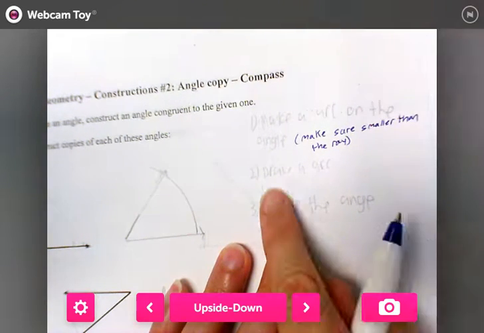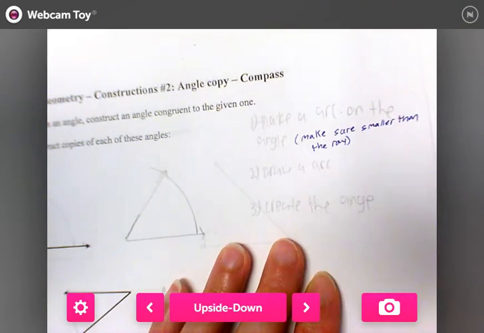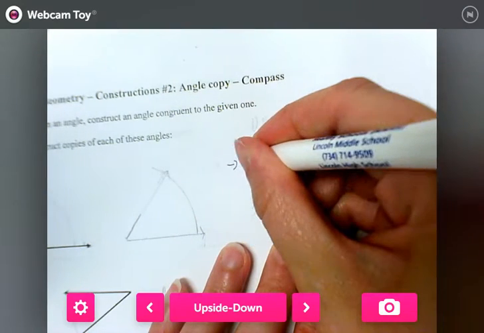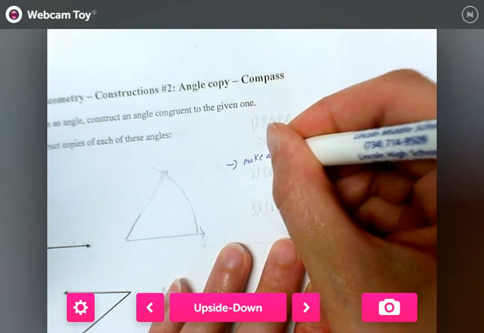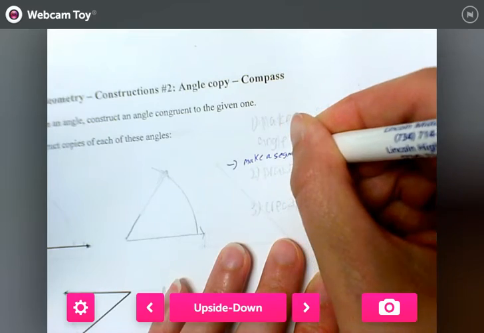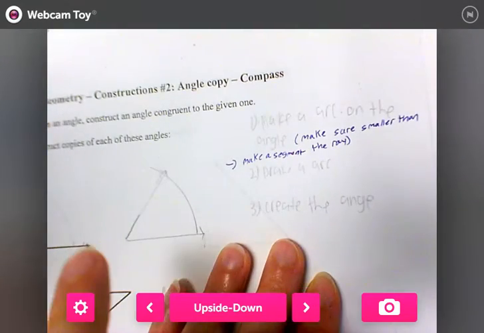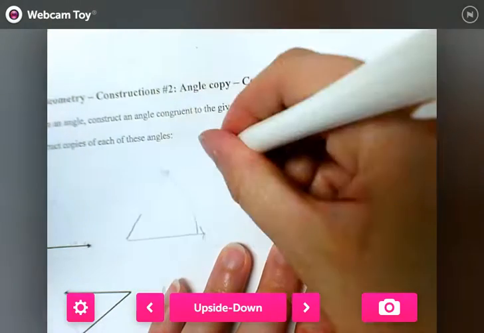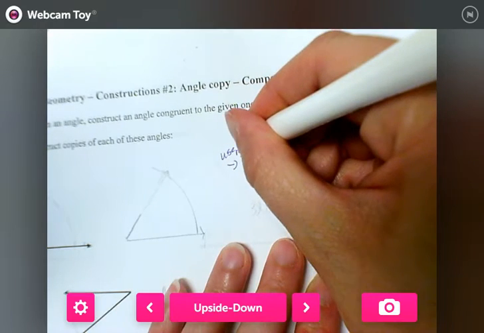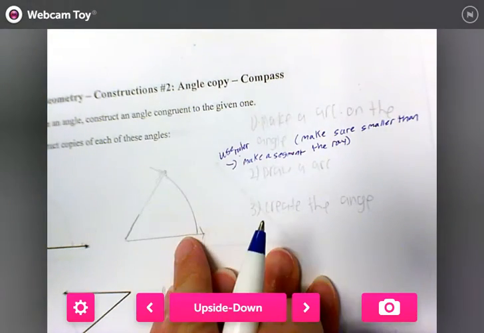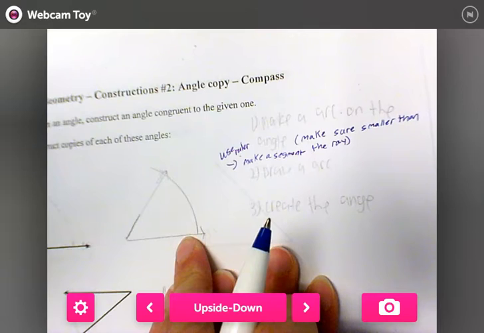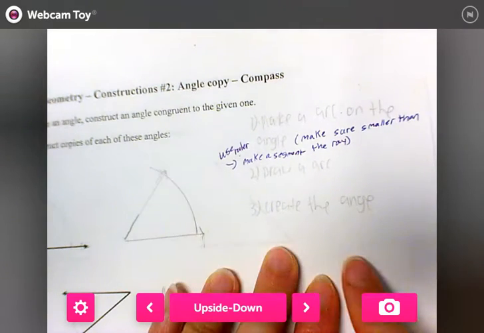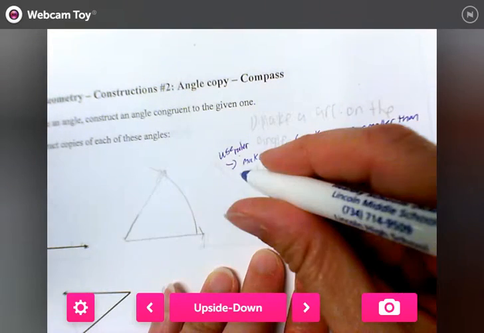Then before she draws another arc, I'm going to put a little thing in here. Make a segment. So draw in a segment just with your ruler. Use ruler. Okay? And then draw an arc.